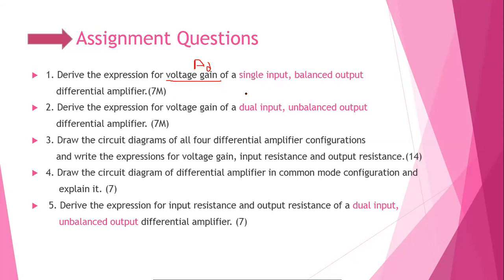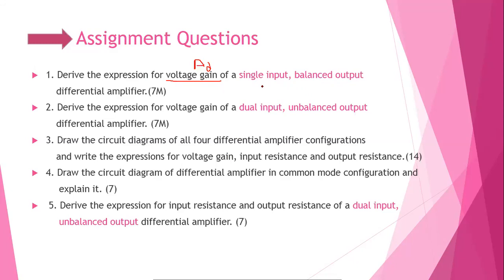The analysis we have performed is for dual input balanced output. We have considered the circuit as dual input balanced output. For differential gain, whether it is dual input or single input, it depends upon the output, that is whether it is balanced or unbalanced.